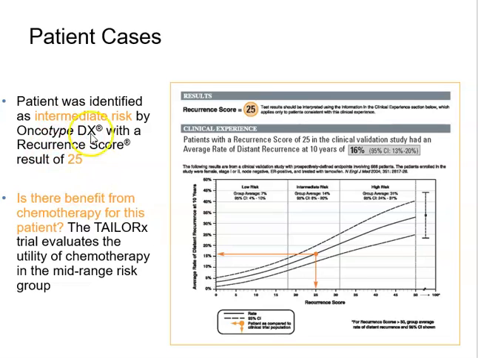Now this patient with an intermediate recurrence score of 25, you can calculate the Nottingham Prognostic Index yourself, but what I've flagged up here is there's been a subsequent trial to assess the benefit of chemotherapy in these intermediate patients, and that is shown on the last slide on the PowerPoint.